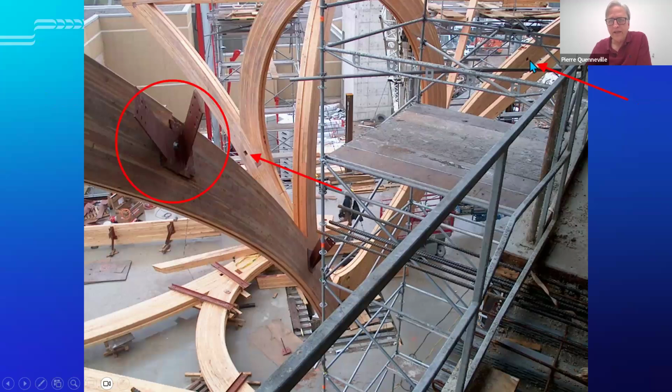We see one in the curved glulam member, and we see this bracketry that is in place on the curved glulam member to the left. One can also note the threaded rods and another inserted SHS in the member here as well.